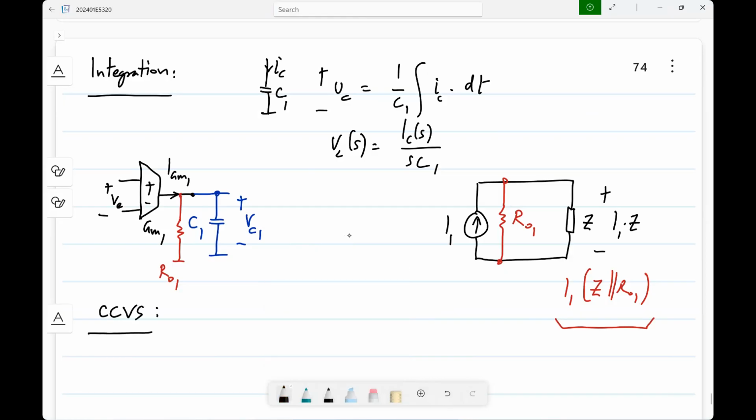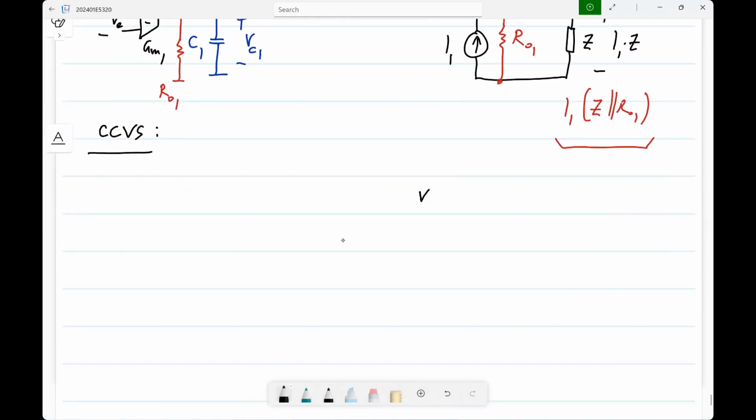This is the idea with the current controlled voltage source, right? What is the difference between just connecting the impedance across a current source and a current controlled voltage source? What is the property of a current controlled voltage source, or any of these control sources? What is the feature of all of these?